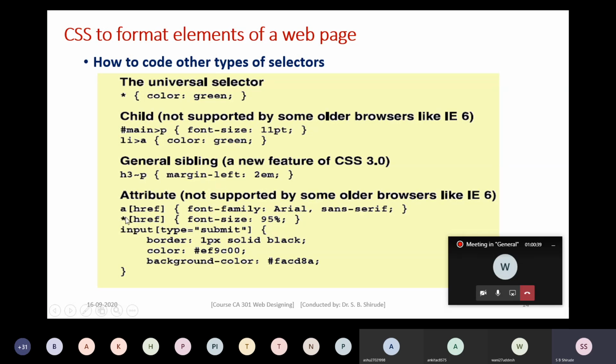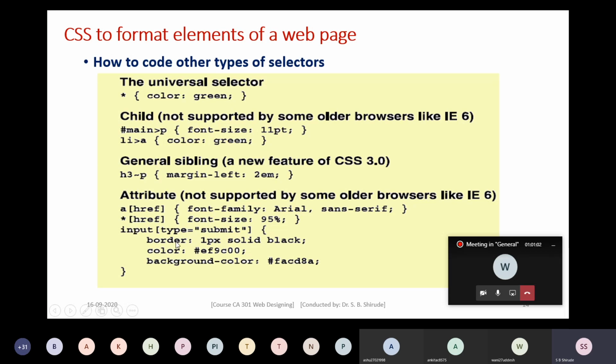Star href means to all href, whether it's a href or another different href element or href attribute you can have. To all that, this font size 95% will be applied. And input type equal to submit. What does type equal to submit mean? It is a button.